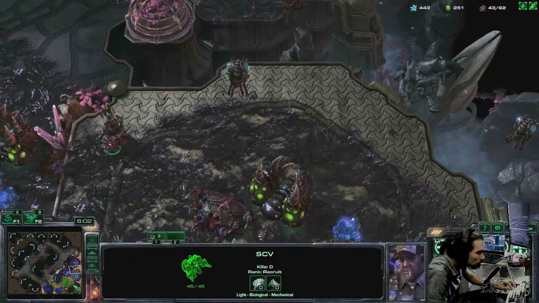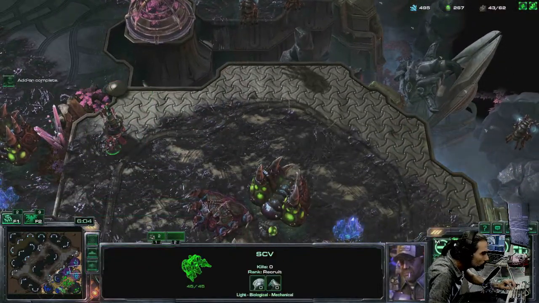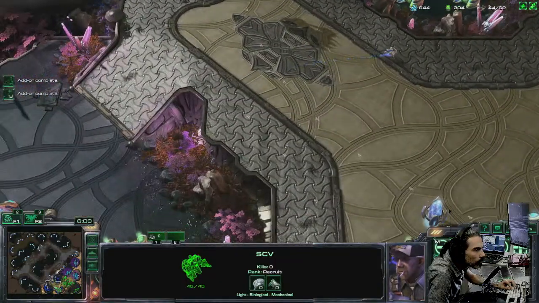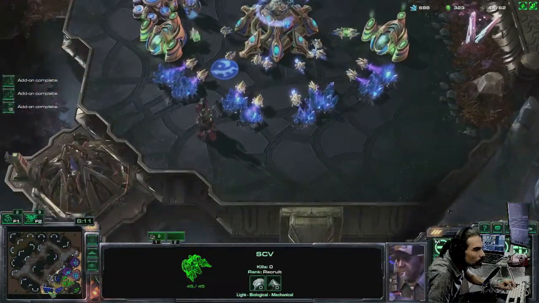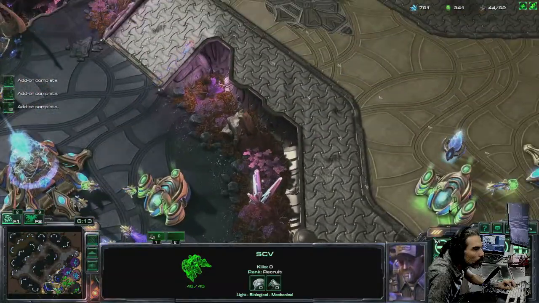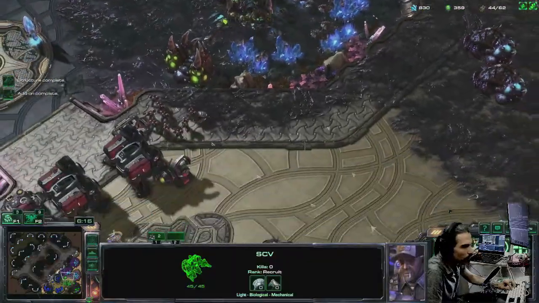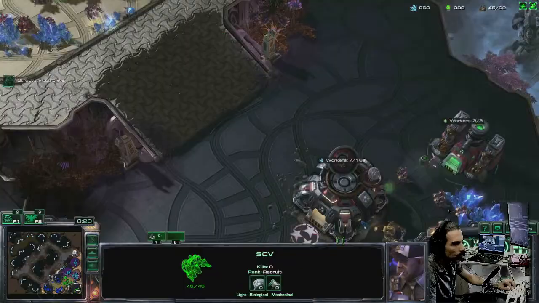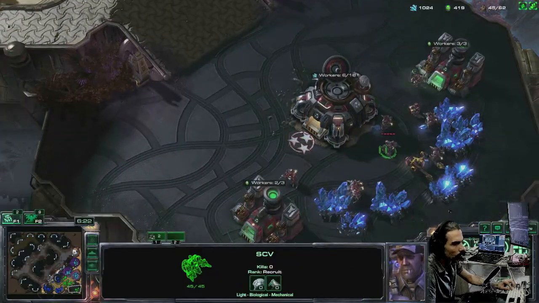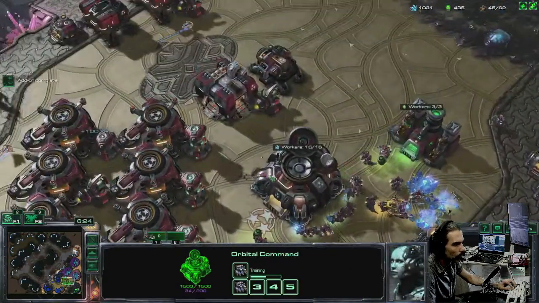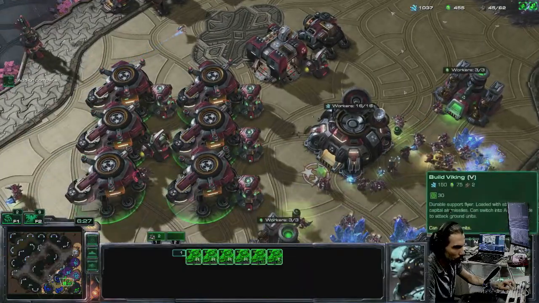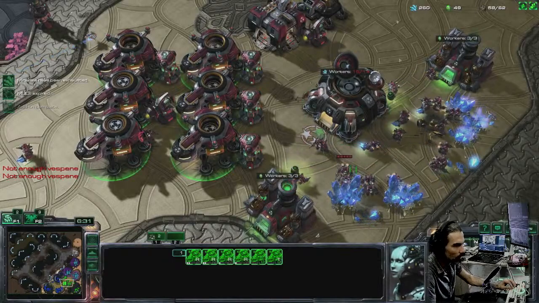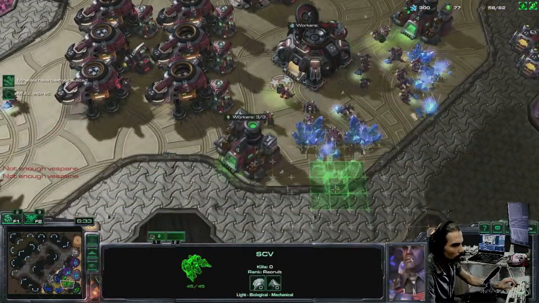SCV ready. Add-on complete. Add-on complete. Add-on complete. SCV ready. Bad news. Add-on complete. Insufficient Vespene gas. Mineral field depleted.